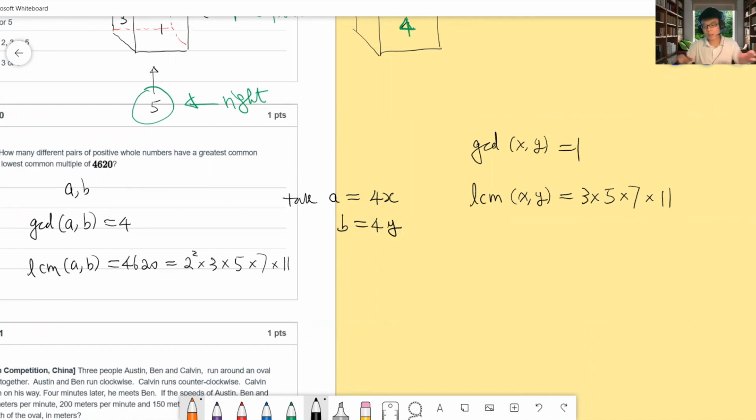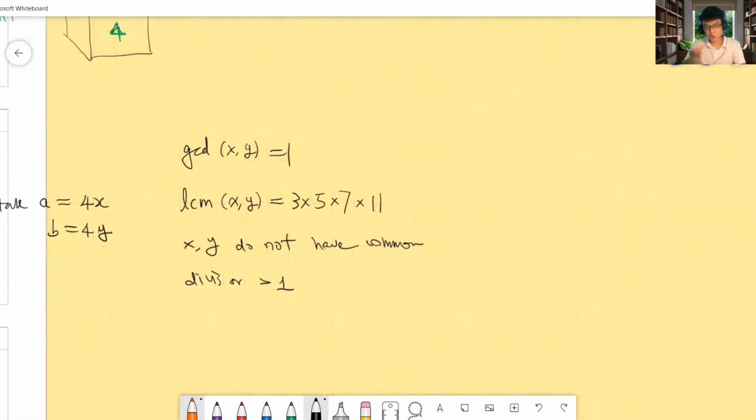Right, let's see how many pairs of x, y there are. So they are co-prime, and then the product equals 3, 5, 7, 11. So x, y do not have a common divisor larger than 1. And now their least common multiple is this product.